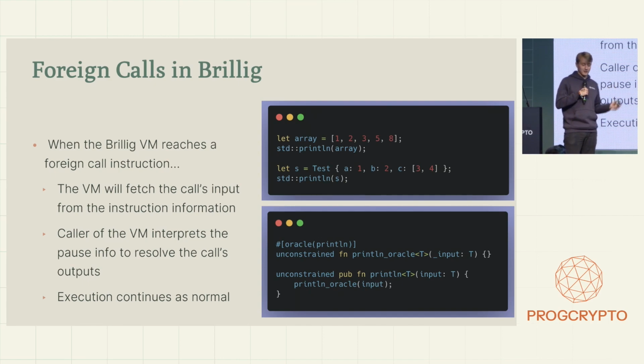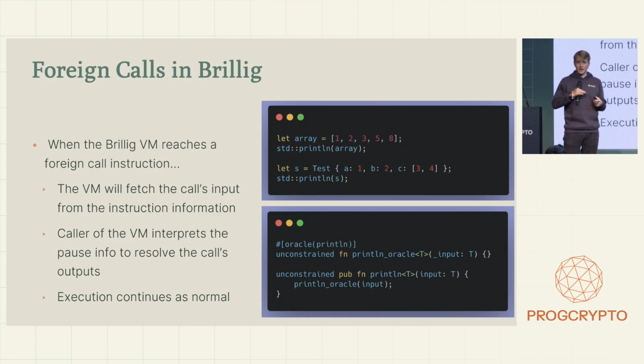So let's say in the top there, you want to test out your program and see what you're outputting. So I send a print line from my array, and then when I ultimately go to execute my program, the VM is going to see the inputs that we have, along with some extra, at least in the case of print line, type metadata that we've attached to it, and the caller is going to interpret that like pause information and determine what it should do outside of that.